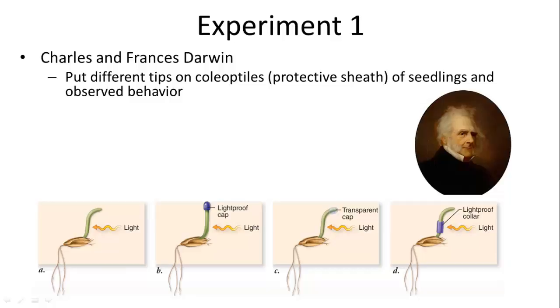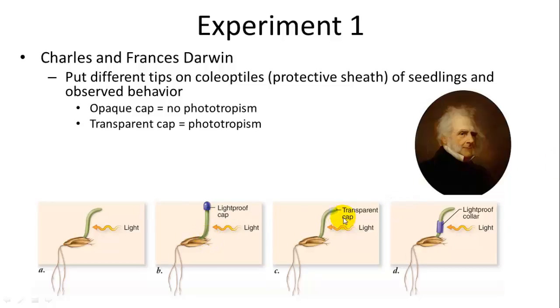And so the Darwins put different caps and sheaths on these to see how they would respond to light. They put an opaque cap on the top, and they found that it did not bend towards the light. They put a transparent cap and found that it did bend towards the light.